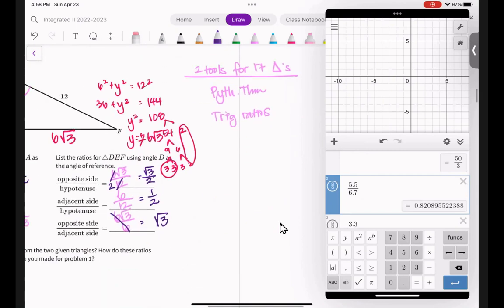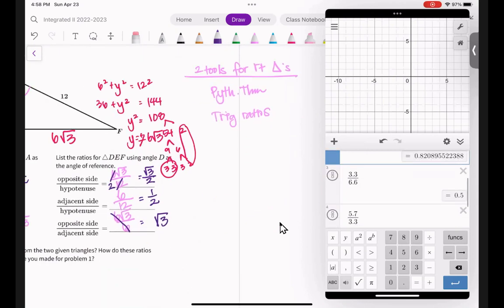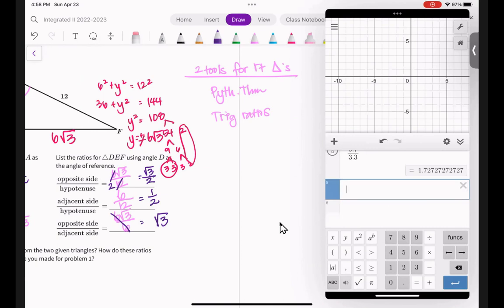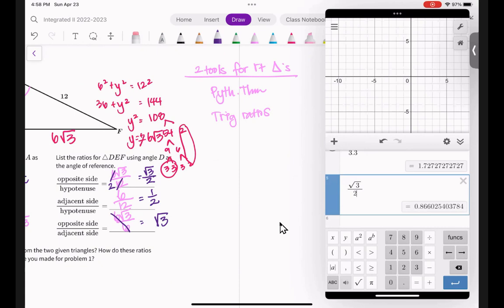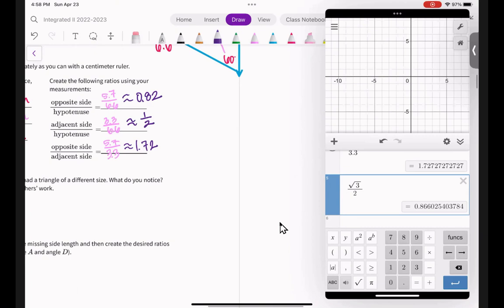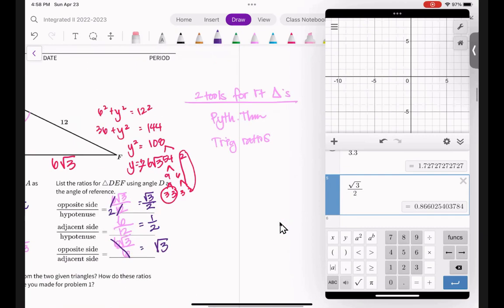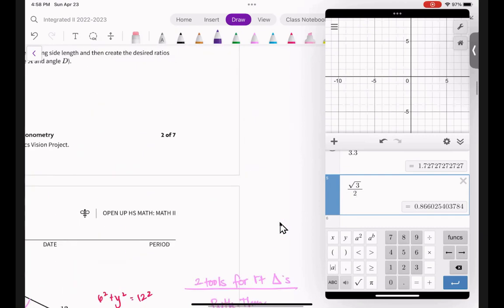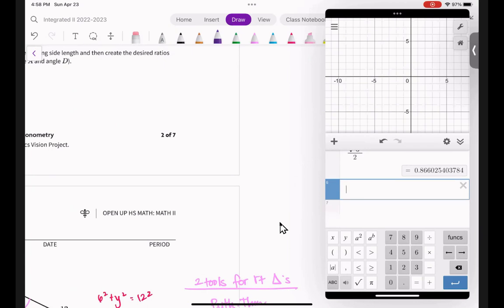So root 3 over 2, let's try root 3 over 2. Oh, that's pretty similar to that 0.86 though, right? And the other one is root 3. Oh, just root 3. So let's look at that.